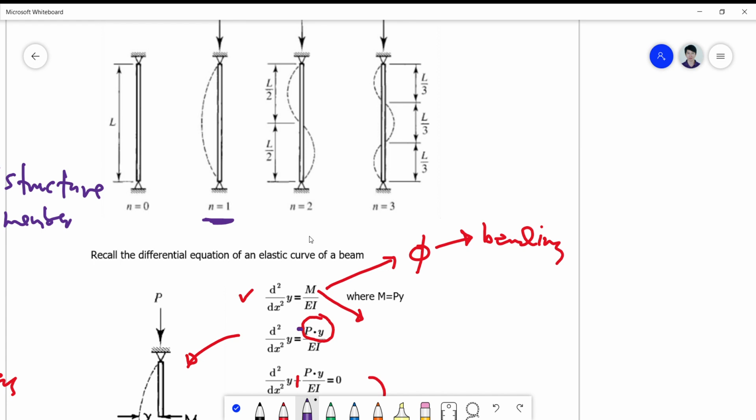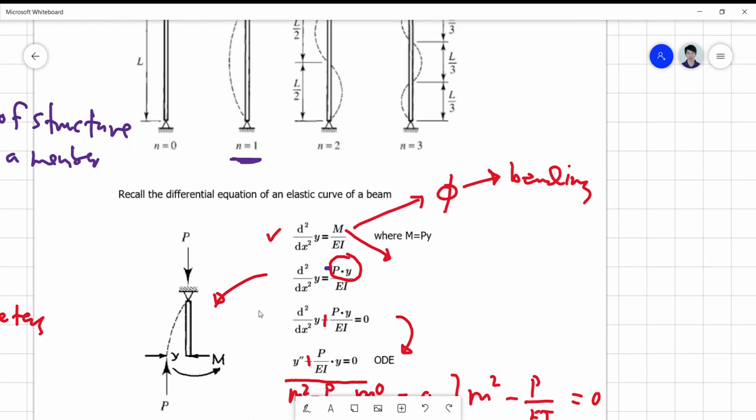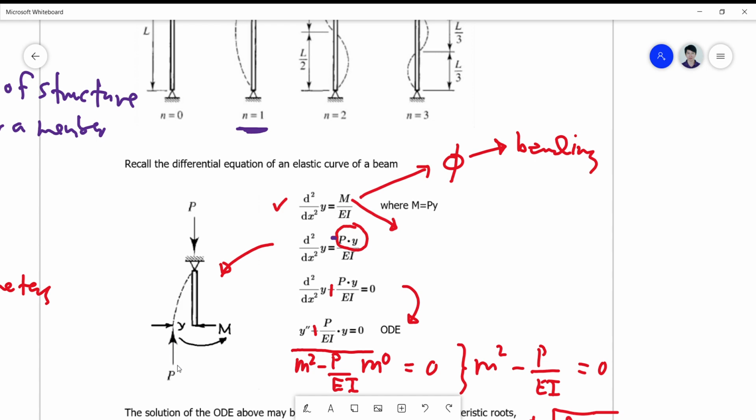Okay, so if we look into this free body diagram here, your bending moment is actually oppositely directed with that of the Py here. And since this is counterclockwise, this has a negative sign, if we consider the sign convention in terms of the direction of the moment.